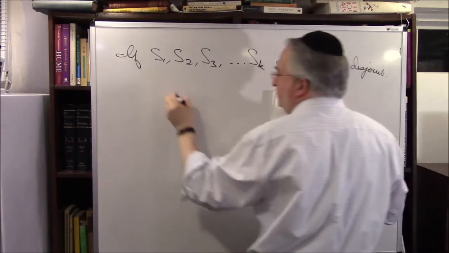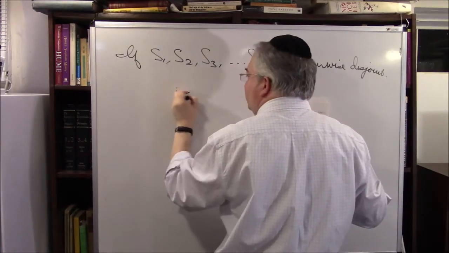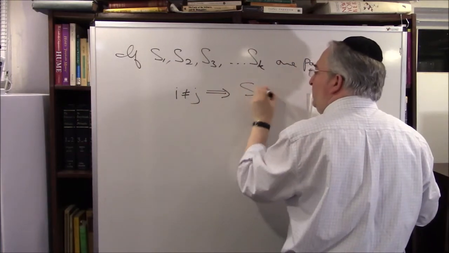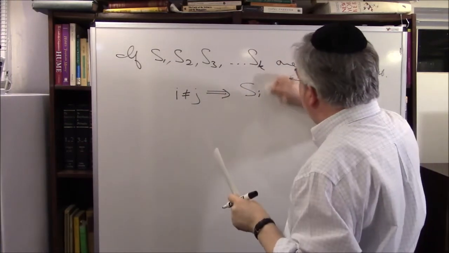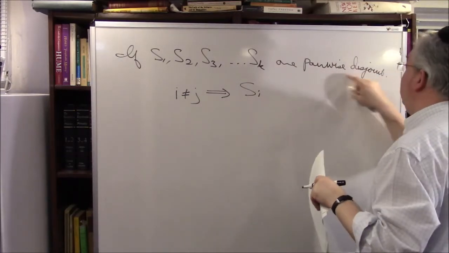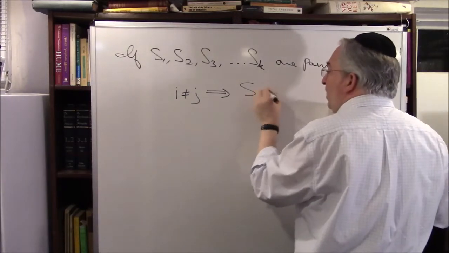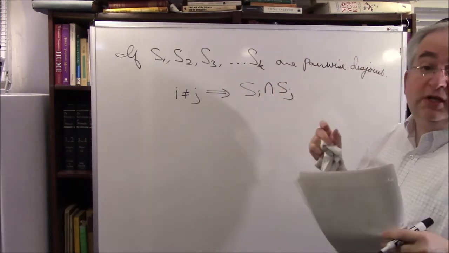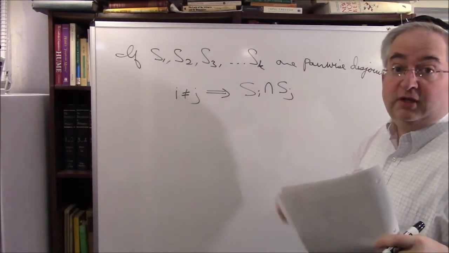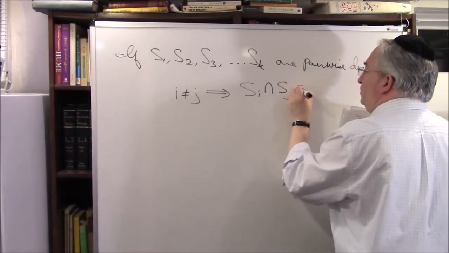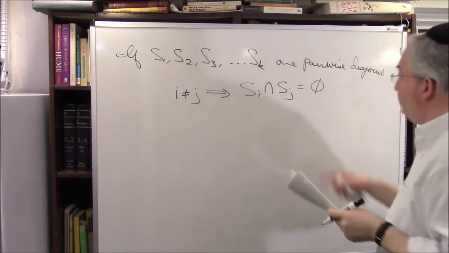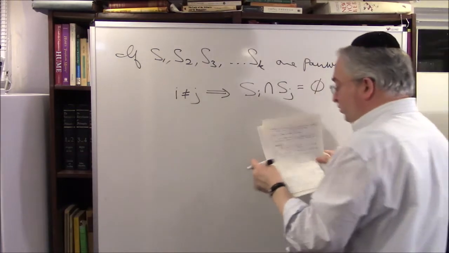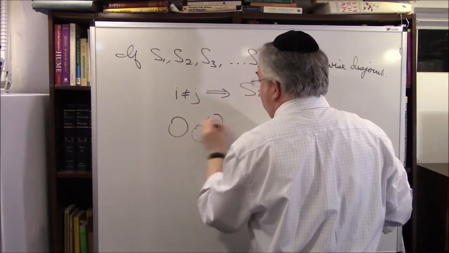Let me explain to you what that means. That means if I is not equal to J, this implies that SI intersect SJ is equal to the empty set. We want not just that they're different sets, but that they're pairwise disjoint. Not just 2 sets are disjoint. That's what we said. So that's what pairwise disjoint means. So if you have a bunch of sets that are pairwise disjoint, you can think of these sets as like this.